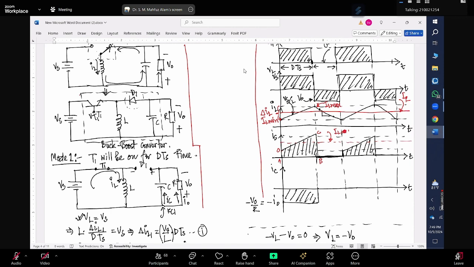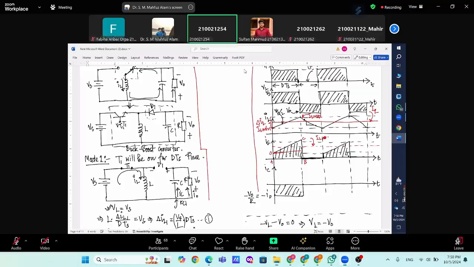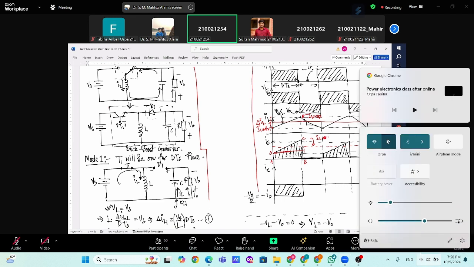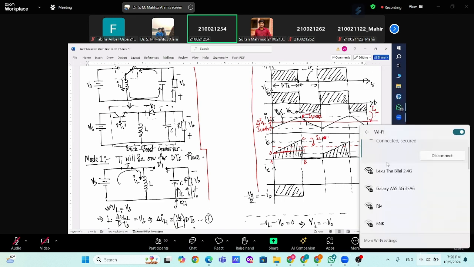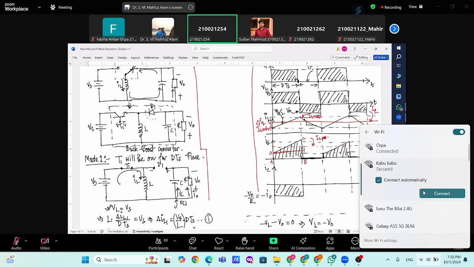But if we split it into two parts, is it a triangle? Suppose the triangle is like this, and we have the area as half base times height, del IL.